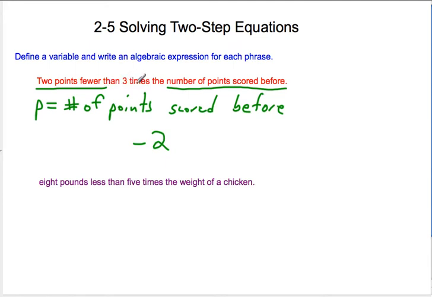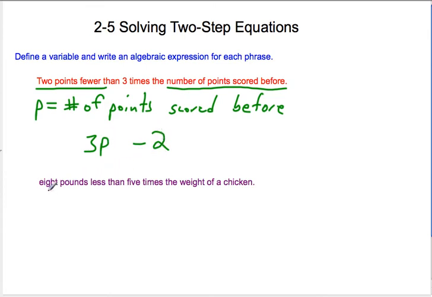Then 3 times something. So 2 points fewer than 3 times something. So I'm going to multiply 3 by something: 3 multiplied by the number of points scored before. Well, P is the number of points scored before. So my algebraic expression is 3P minus 2. 2 fewer than 3 times the number of points scored before.